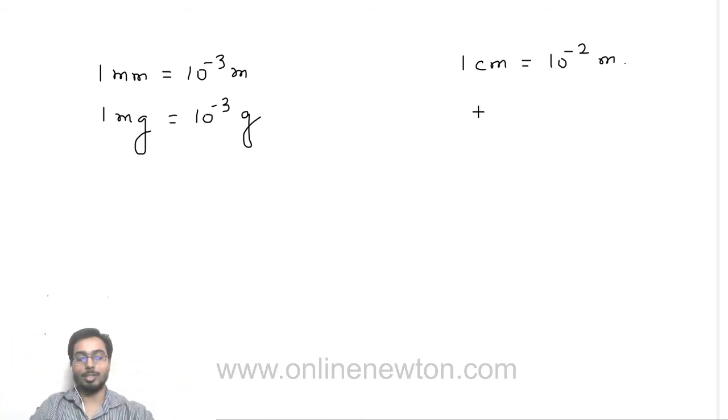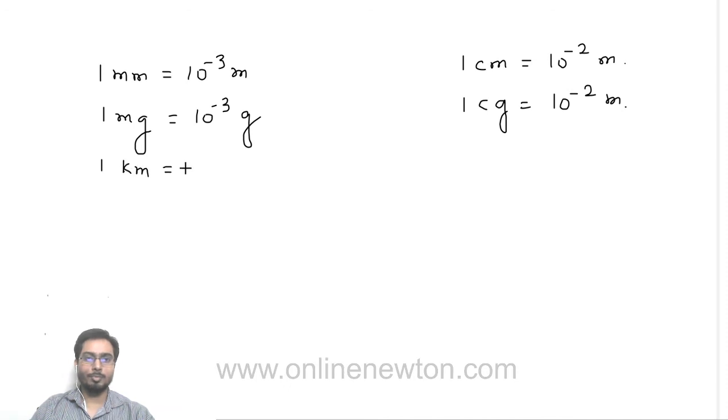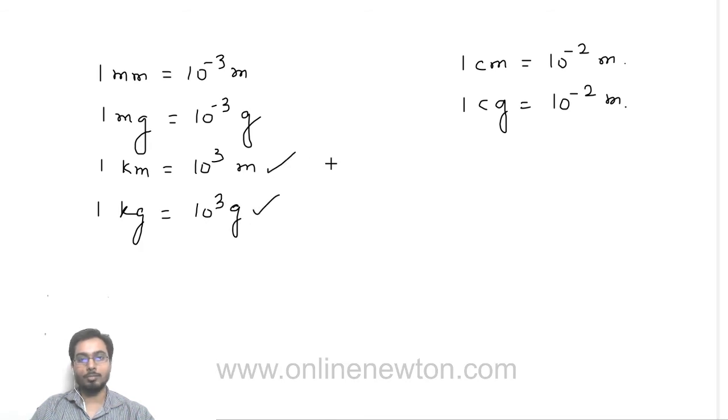We have just the basic unit, 10 raised to power 0. Similarly, centigram, 10 raised to minus 2 grams. Simple, that's it. 1 kilometer is 10 raised to 3 meters. 1 kilogram, 10 raised to plus 3 grams. That's it. Very simple, straightforward, nothing great in this.